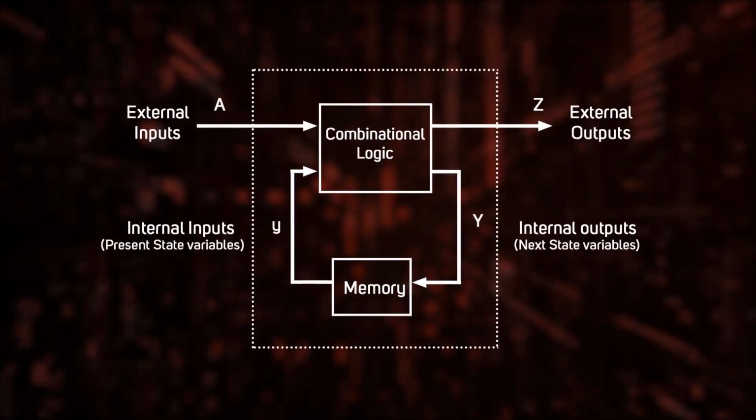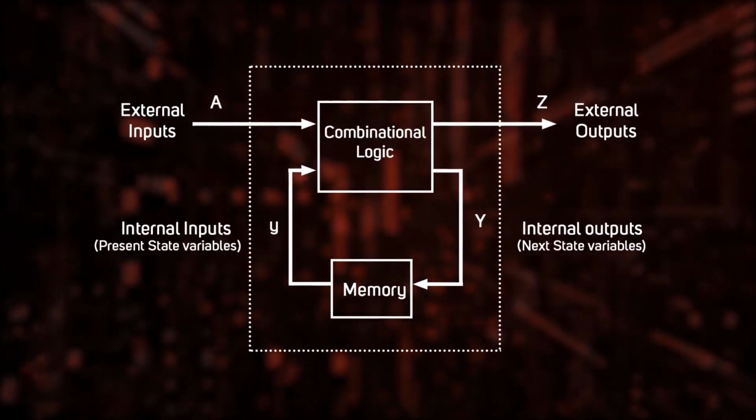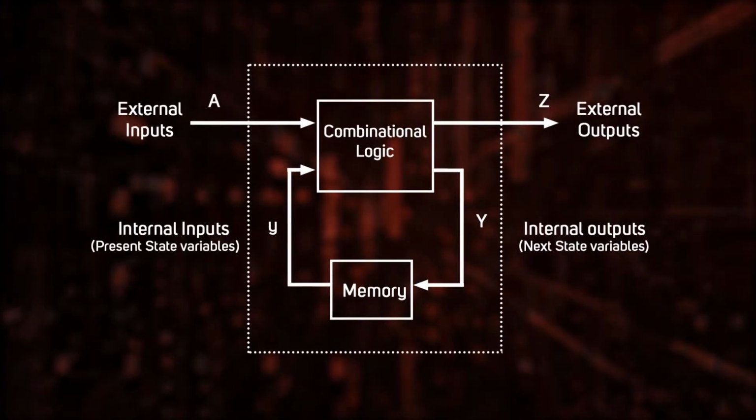This will in turn change the outputs of the memory elements for the duration of the clock pulse at the high level. Remember, this output goes back to the combinational circuits as inputs again.